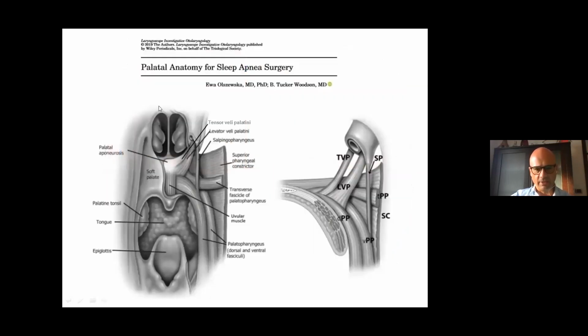Because if we read this very interesting paper, we can see the anatomy of the soft palate: the uvular muscle, and two other muscles, the levator veli, this one, and the tensor veli. The tensor veli in the midline has an aponeurosis. So we have to attach our suture at the beginning in this aponeurosis. It's really important.